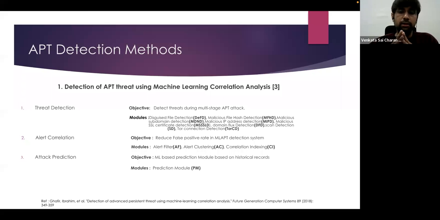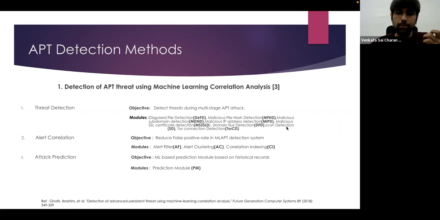And the domain flux detection module. Domain flux means the attacker will constantly change the IP address and the domain name. So if any DNS query failures are happening in the network, this module will try to identify whether there are any DNS resolution failures in this particular network or not.